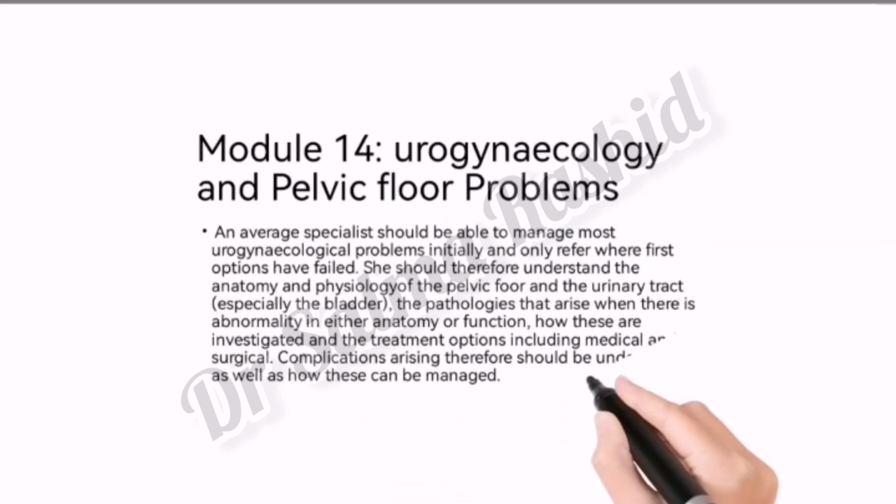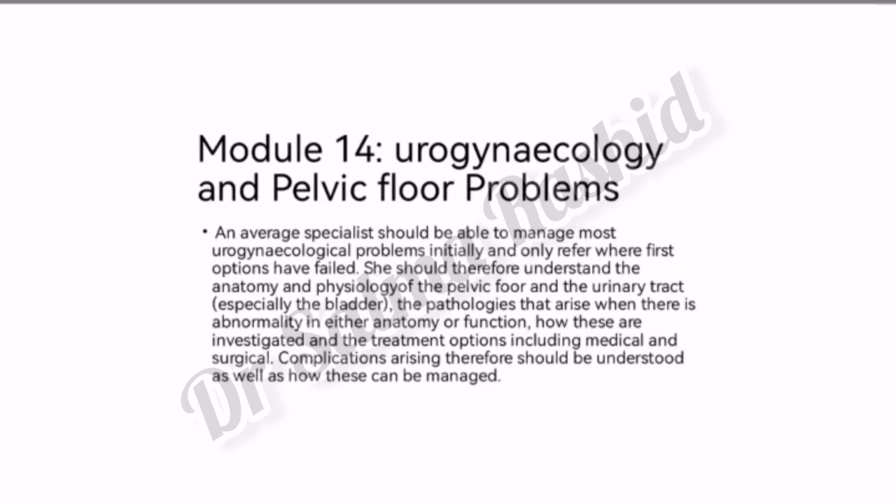Module 14 is related to urogynecology and pelvic floor problems. An average specialist should be able to manage most urogynecological problems initially and only refer where first options have failed.